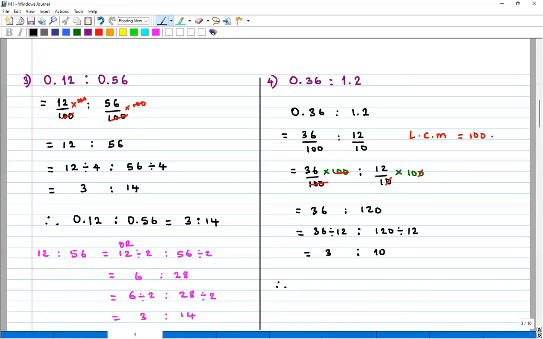We say, finally, 0.36 to 1.2 is equal to 3 to 10. I hope you have understood how to simplify the ratios that are in a fraction form and the ratios that are in a decimal form.